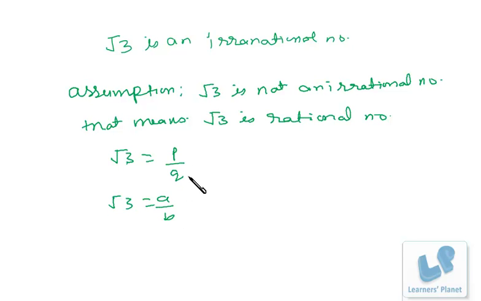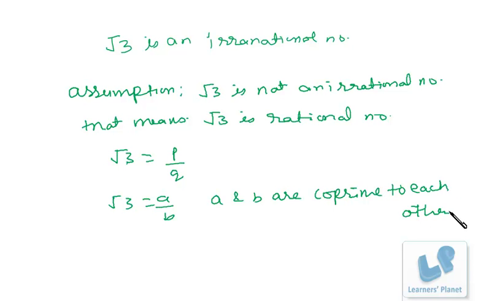Now we removed all the common factors and got root 3 is equal to a by b. That means a and b are now co-prime to each other, because we eliminated the common factors between p and q, right?